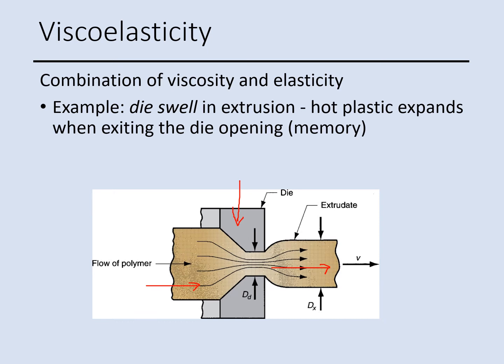This phenomenon can be explained in this picture, because you see when the polymer enters into this orifice, it becomes narrow, but during leaving, you see the polymers tend to come back to its former shape, and it attempts to return to that shape when leaving that die orifice.